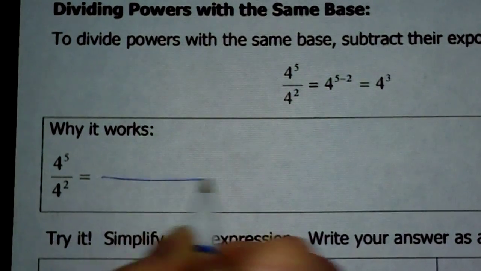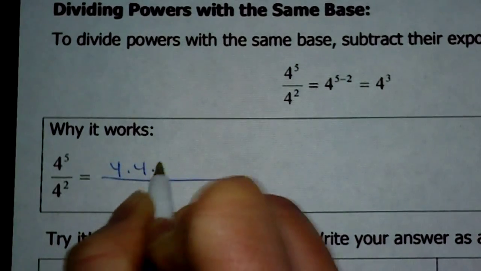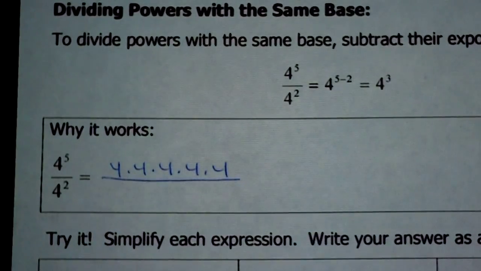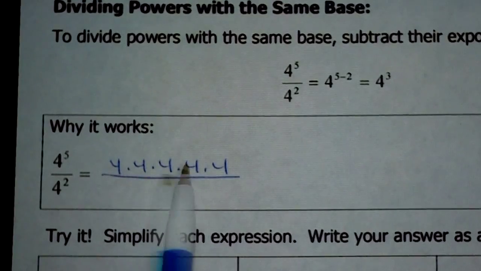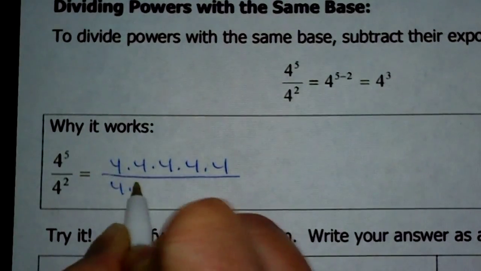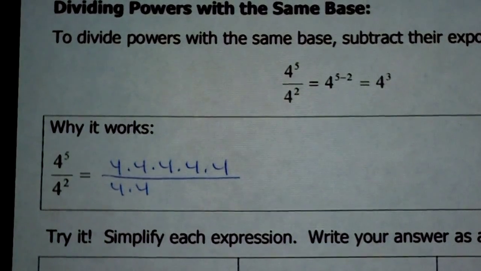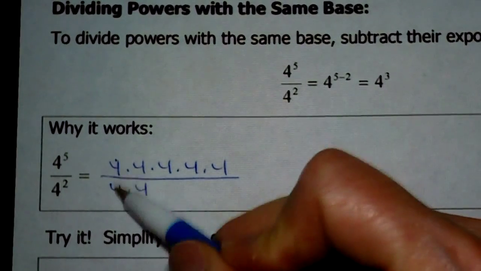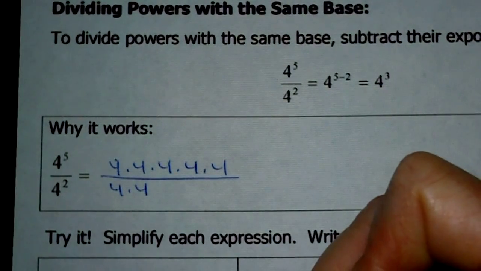4 to the 5th power, we know that means the same as 4 times 4 times 4 times 4 times 4, right? That exponent tells me I have 5 4s. And in my denominator, 4 squared would mean 4 times 4. Now, I'm sure you recall simplifying fractions. We did some cross-canceling, different things like that. But I know that if I have a number divided by itself, it's 1, right?